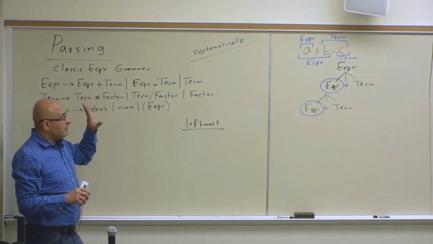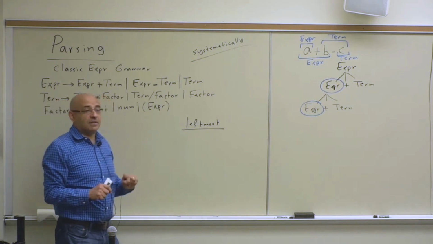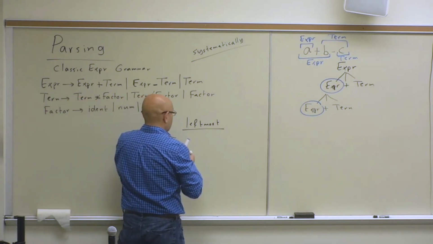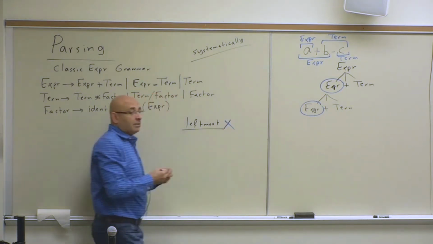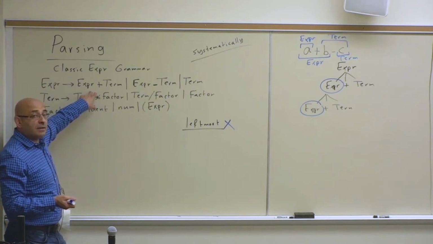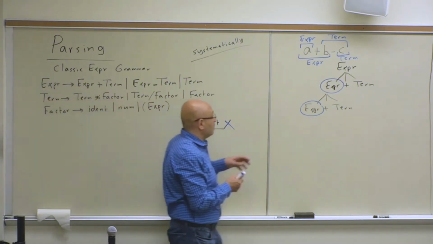So the conclusion is left recursion doesn't work with leftmost derivation. But we're still interested in leftmost derivation. So later in this lecture, we'll see how we can easily convert left recursion into right recursion. You can always convert left recursion into right recursion.